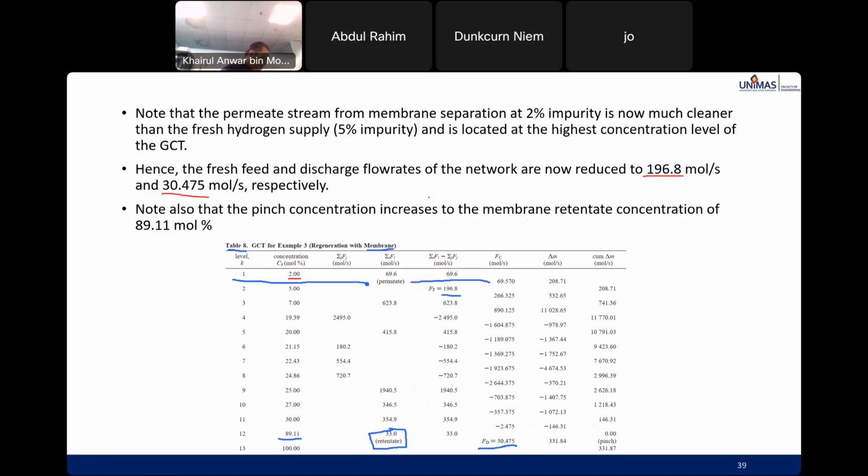If you refer back to figure 6, the requirement of fresh hydrogen supply is 277.2. Now it is reduced to 196.8.